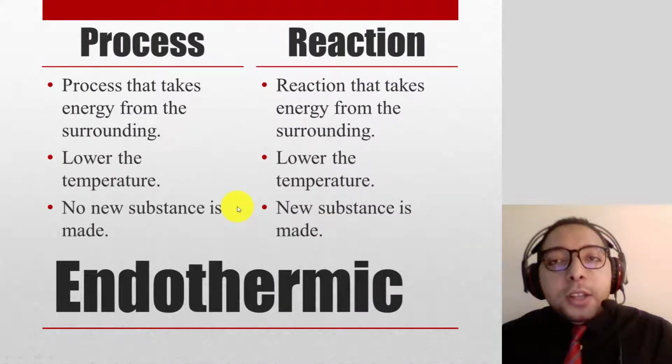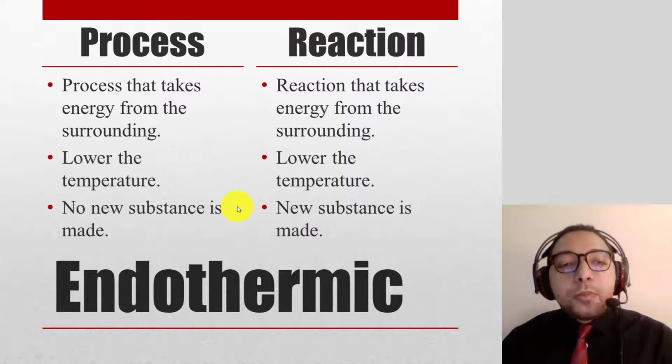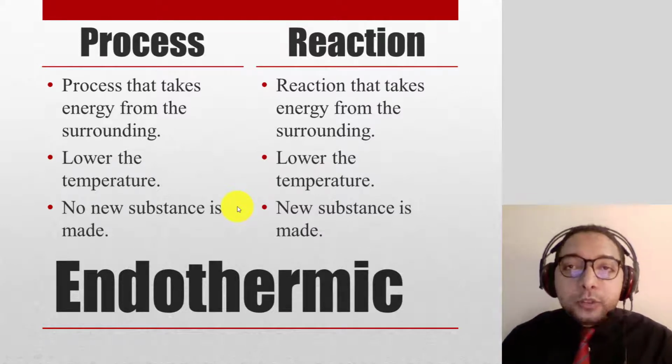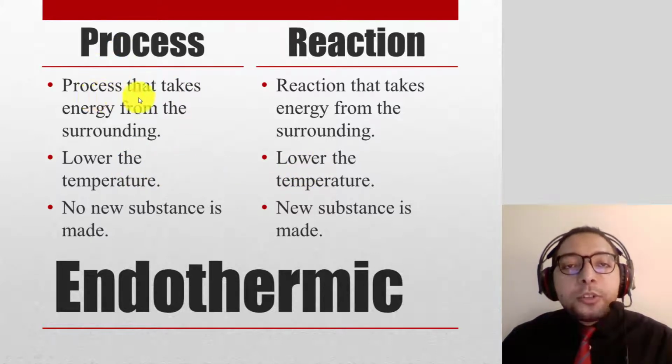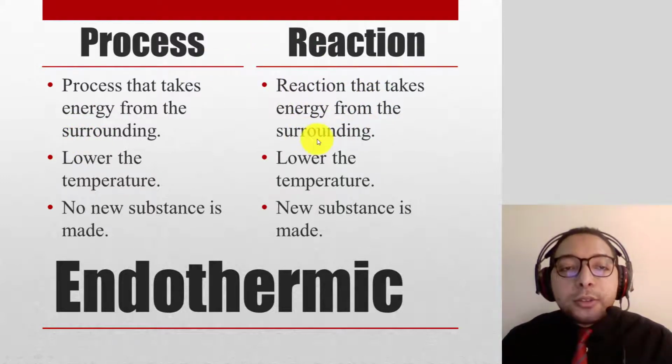Right now we're going to discuss the differences between a process and a chemical reaction. For an endothermic process or reaction, in both we're going to have a drop in temperature, a lower temperature. The process takes energy from the surroundings, and the reaction also is going to take energy from the surroundings.